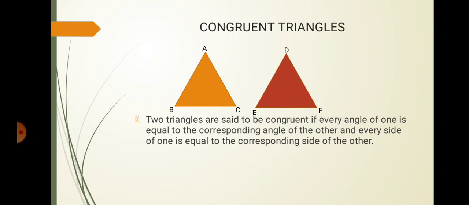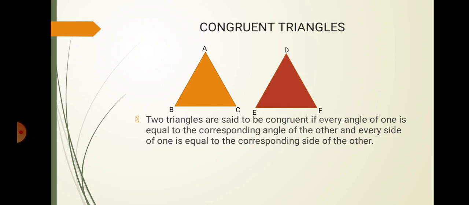A triangle will have 3 sides and 3 angles. If these two triangles are to be congruent, the 3 sides of both triangles should be the same and the 3 angles of both triangles should be the same. Correct? Because the concept is it should be the same size and same shape. Then we can call the triangles congruent triangles.